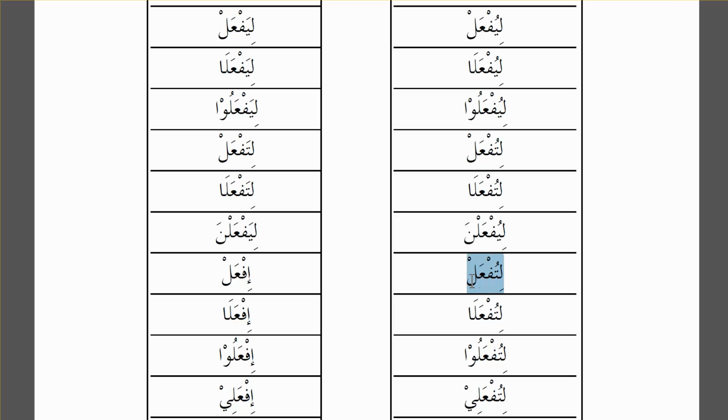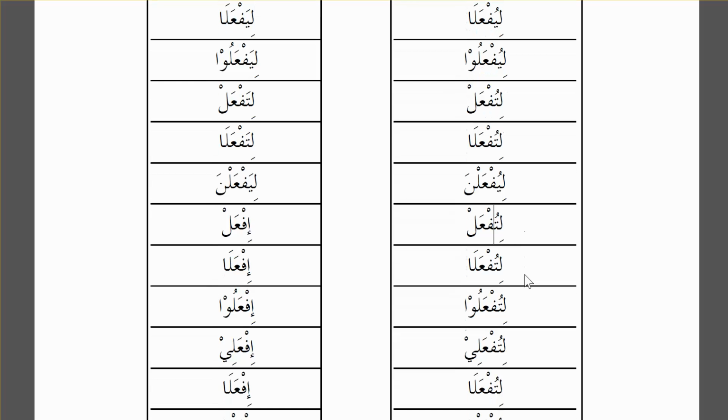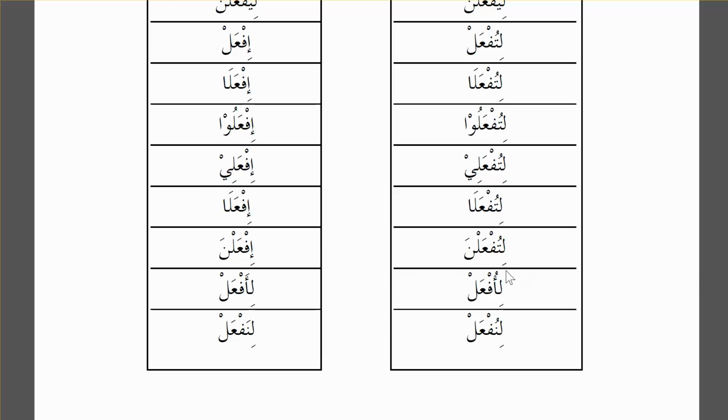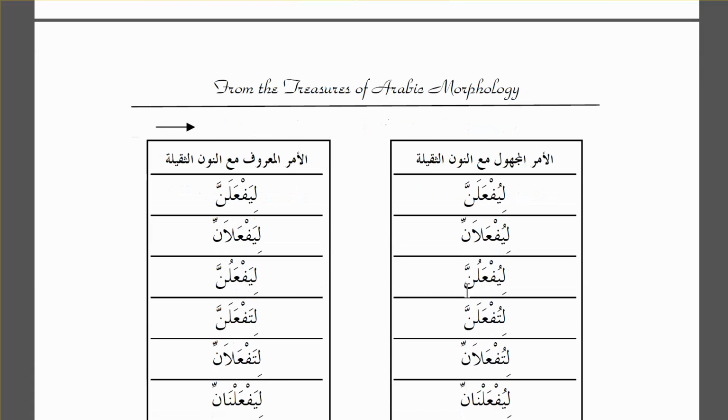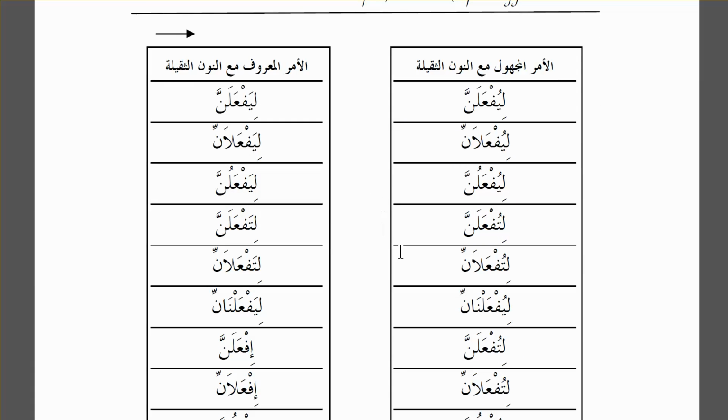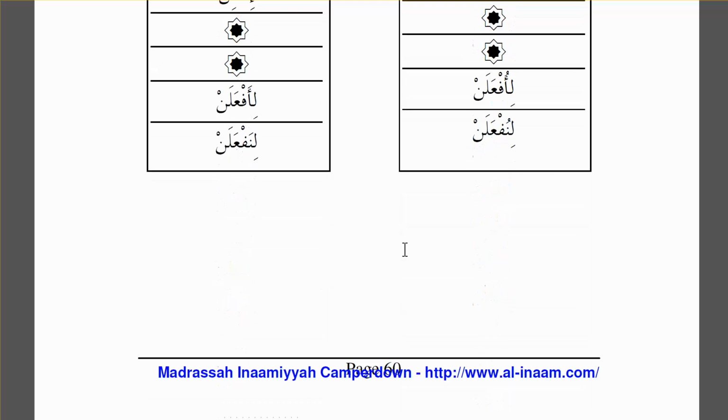Again, this is not really a command, so the lam has to come there because it's majhul. We don't have the doer of the verb there. So you're going to say lituf'al, liuf'al, linuf'al. We'll get back to this chart later. We have something else to learn to get to that chart.